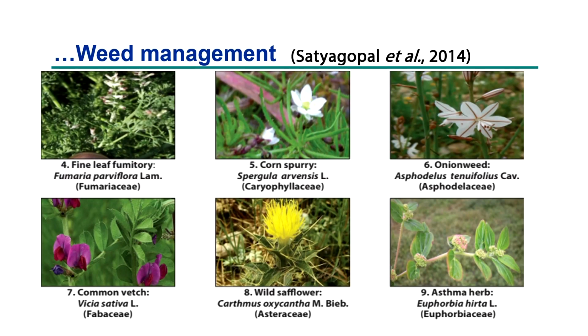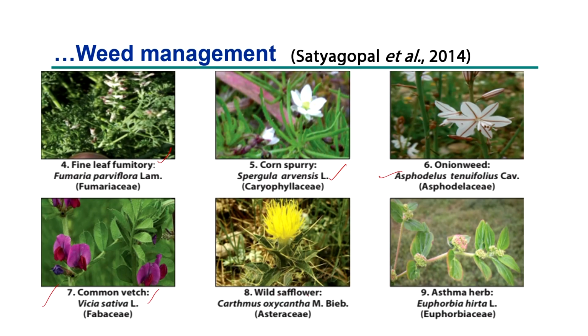Now see the next weed, which is fine leaf fumitory, and the scientific name is Fumaria parviflora. And then you see corn spurry, the scientific name is Spergula arvensis. Then onion weed, Asphodelus tenuifolius. Then you can see on the bottom left the dark pink color flowers. It is Vicia sativa, which is called common vetch.